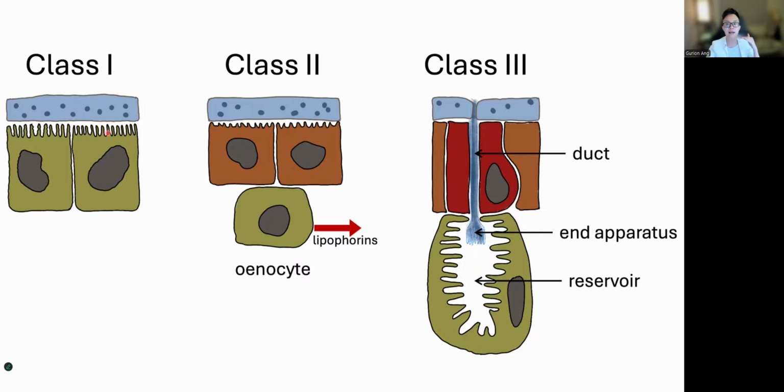But importantly, these cells do not have any contact with the outside, and they are located just beneath the cuticular layers. Now, class 2 glands are a lot further in.